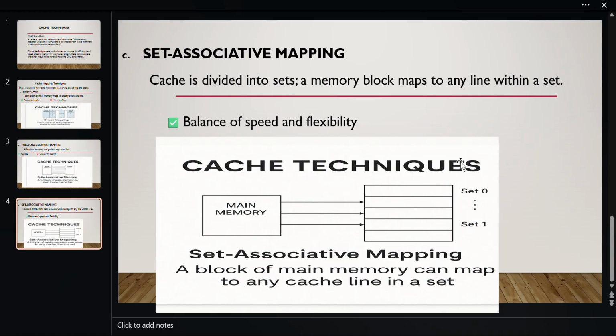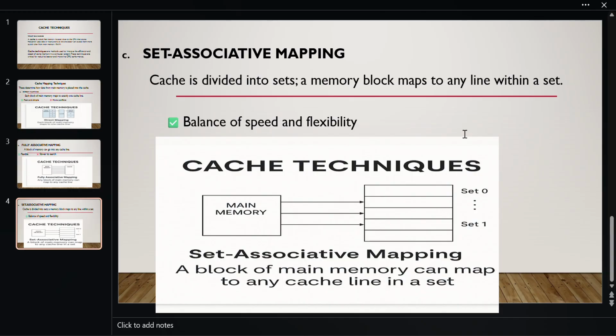This is consistent but slow. And we have write-back: data is written to memory only when the block is removed from the cache. It's fast but needs more control.